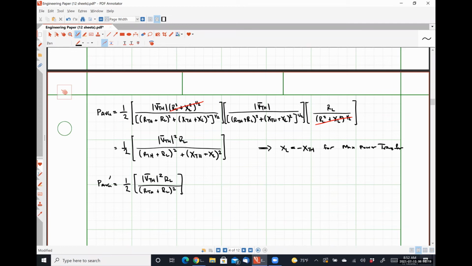So how do we figure out what value of RL causes maximum power transfer to occur for this expression?